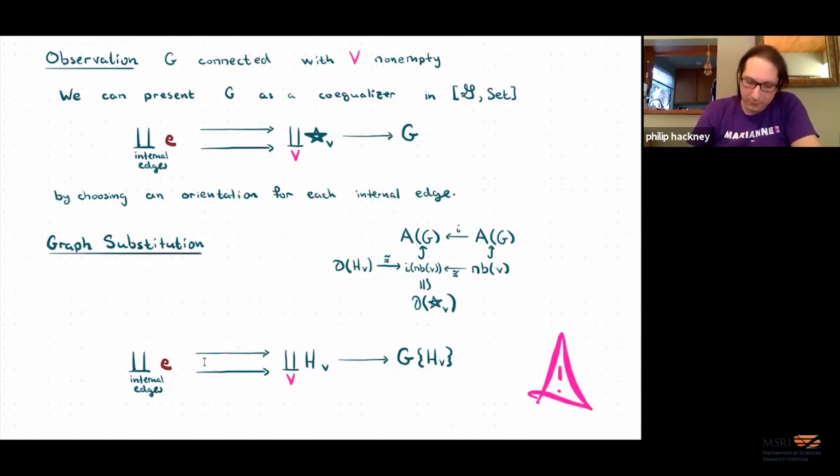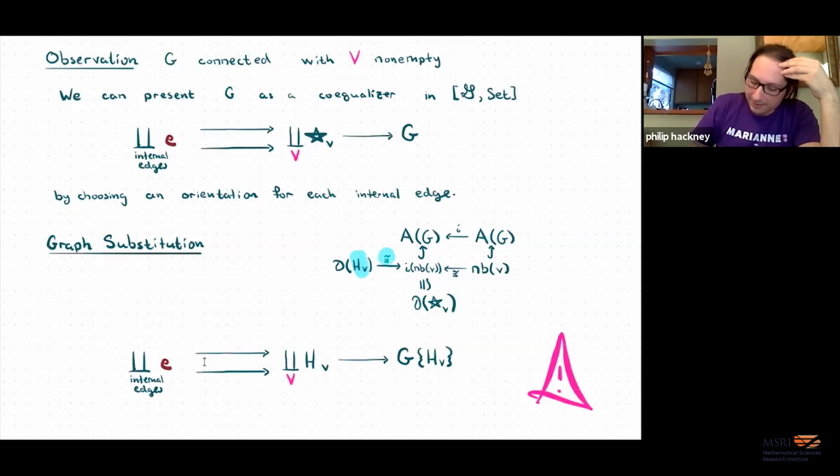So the top part of this slide was on the previous slide, two back. But now to define a graph substitution, this is sort of the data of some isomorphisms, some graphs, which I'll call HV.